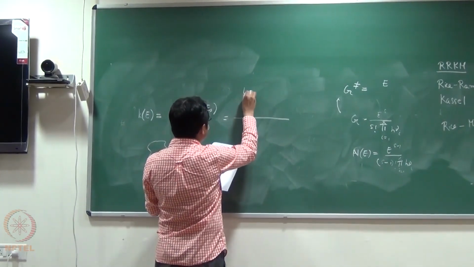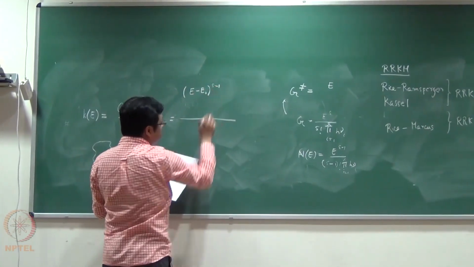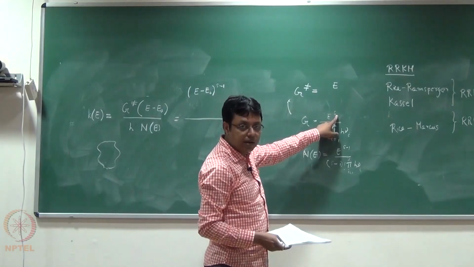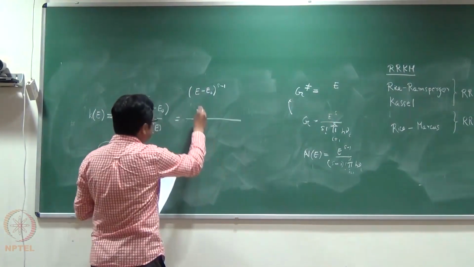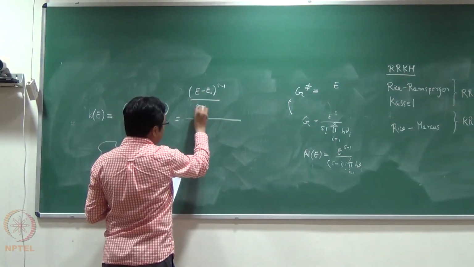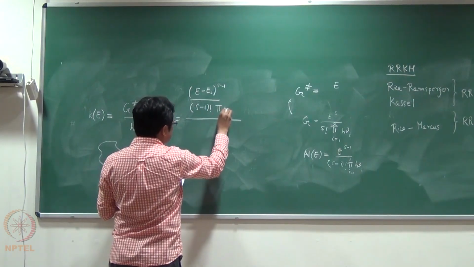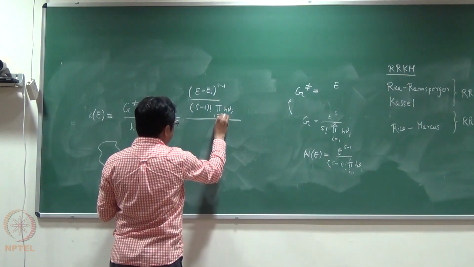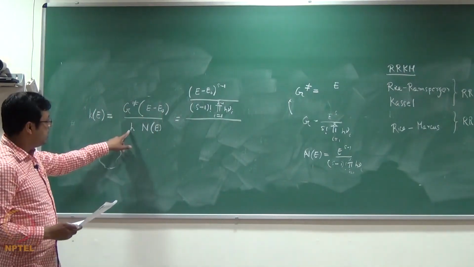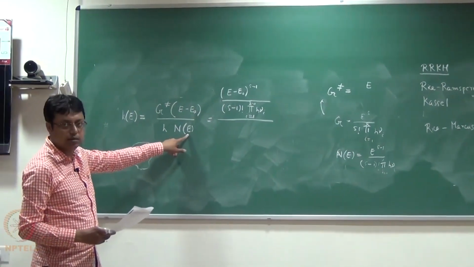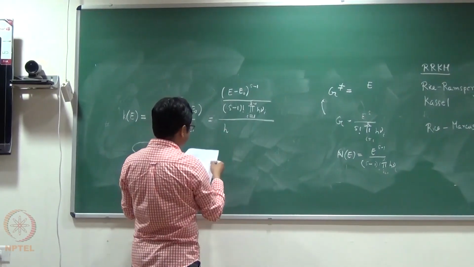So I'll have something like E minus E0. Now instead of S, it will be S minus 1, because there is one degree of freedom less. Here instead of S, I will have S minus 1 factorial, and the summation will also be i equal to 1 to S minus 1, divided by h nu.